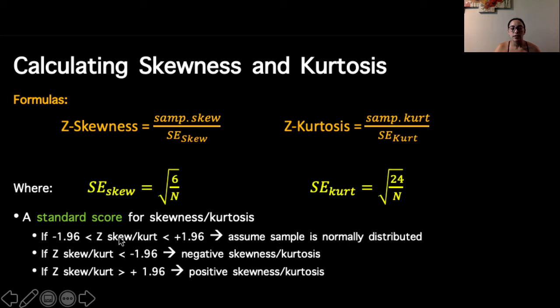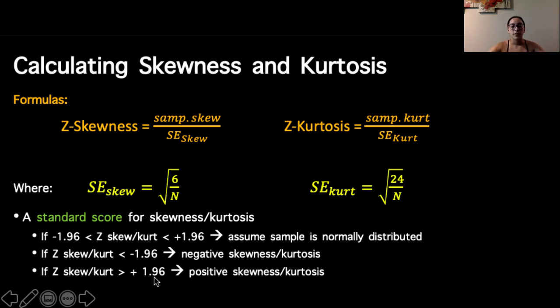Okay, so if z-skew or z-kurt is less than negative 1.96, you have negative skewness or kurtosis. If your z-skew or your z-kurt is greater than positive 1.96, we say that you have positive skewness or positive kurtosis. The reason we chose 1.96 is that it is identified with the 95th and the 5th percentile. In other words, remember the empirical rule, the middle 95% of the data exists relatively between plus and minus 2 standard deviations.